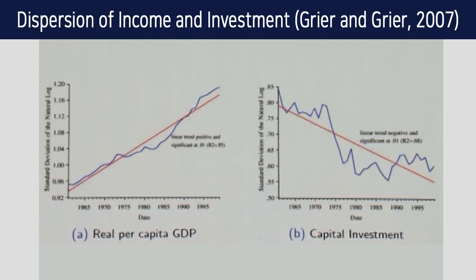That's the dispersion of real per capita GDP across countries. In other words, it's the gap between the rich and the poor. They calculate this for every year between 1960 and 2000. Okay, so the graph shows this, and what you see in the left figure is that this has been increasing. In other words, the gap between the rich and the poor has been increasing. The rich are getting richer and the poor are staying poor.